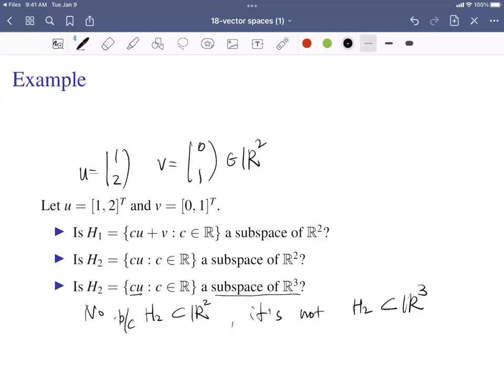At the end, I want to give a geometric interpretation of H1. What is H1?